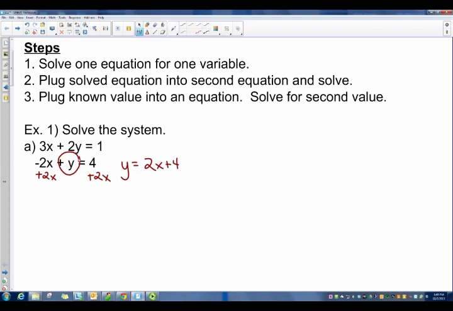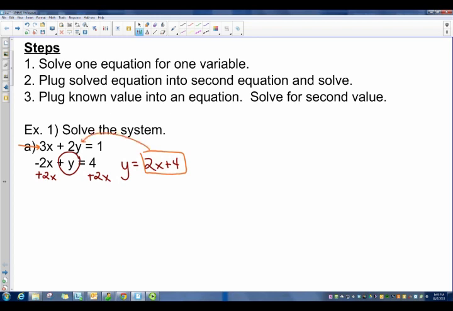Step number 2 says plug the solved equation into the second equation and solve it. So we're taking this new part and substituting it into my first equation, because that was not the equation I used, and it goes where the y is.